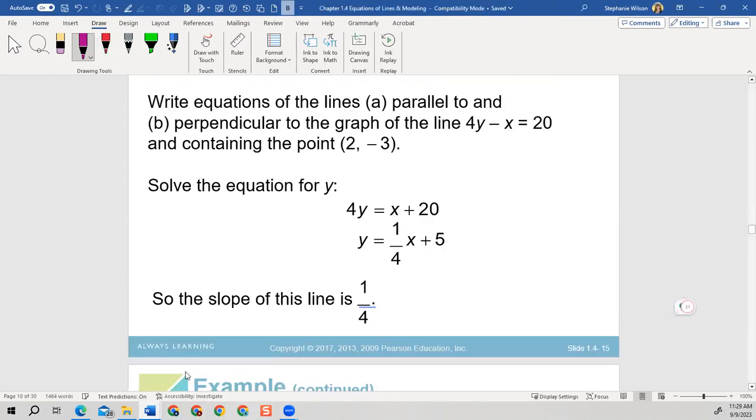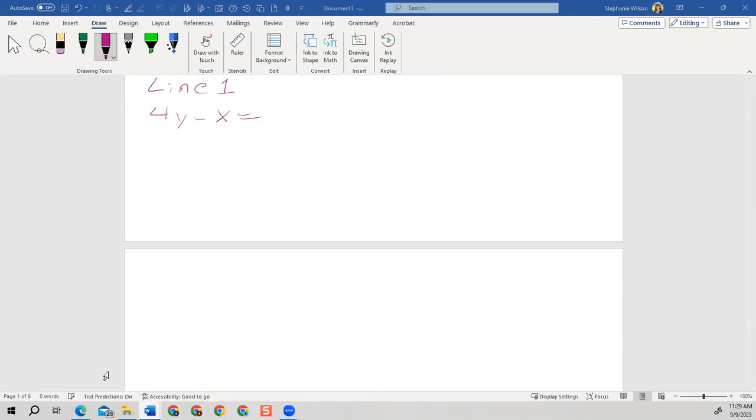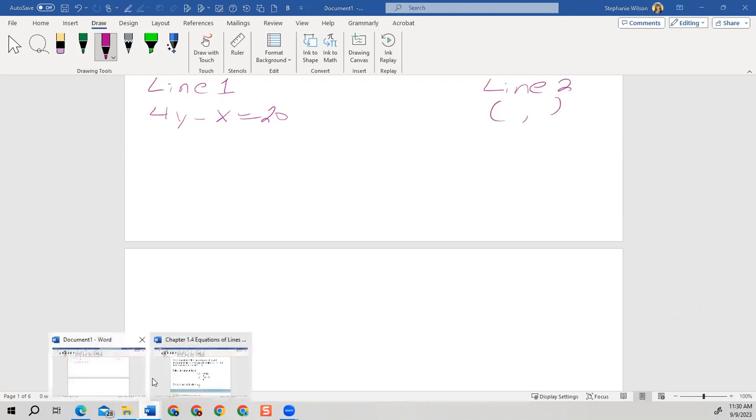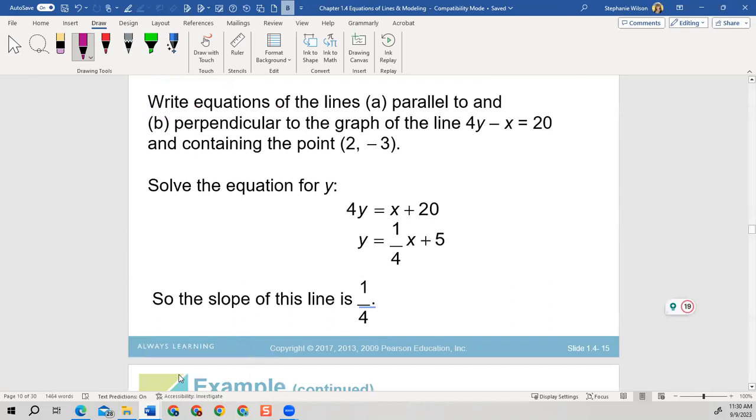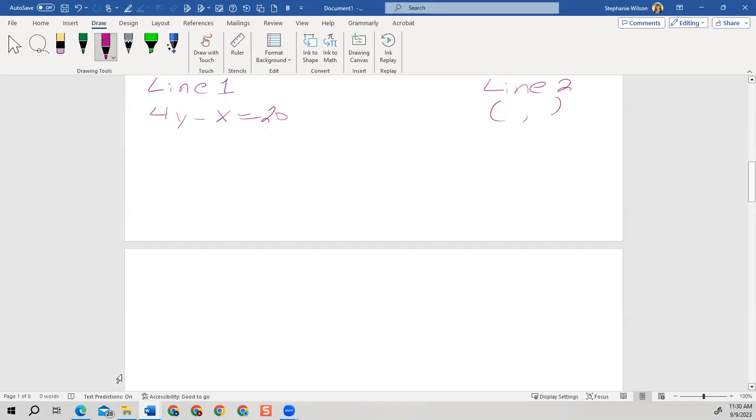I believe 20. Yes, 20. And let's call this line 2. Line 2 passes through this ordered pair, 2, negative 3.